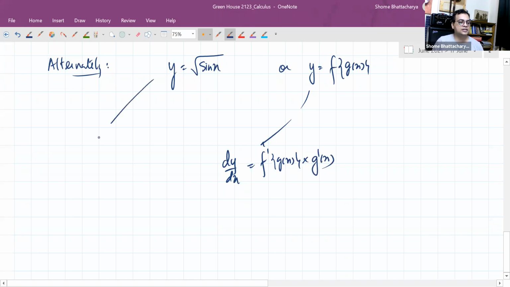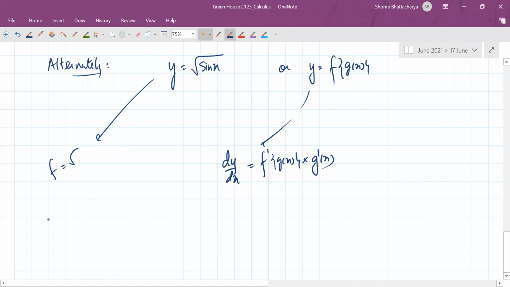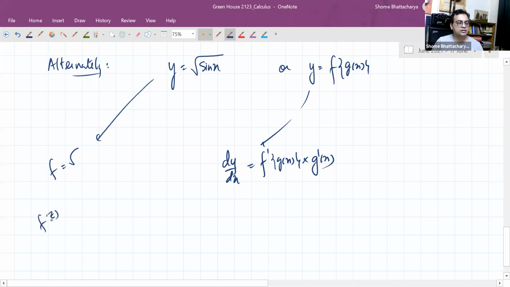So now we can understand what our function f is. Our function f is the square root function. So for example, if I had f of z, the derivative of that is 1 by 2 root z. So this will become 1 by 2 times square root of g x.